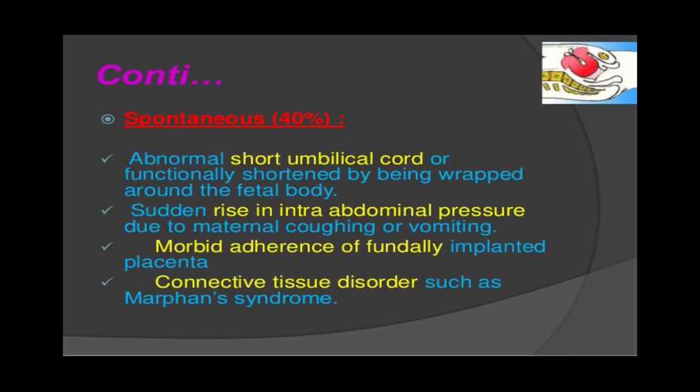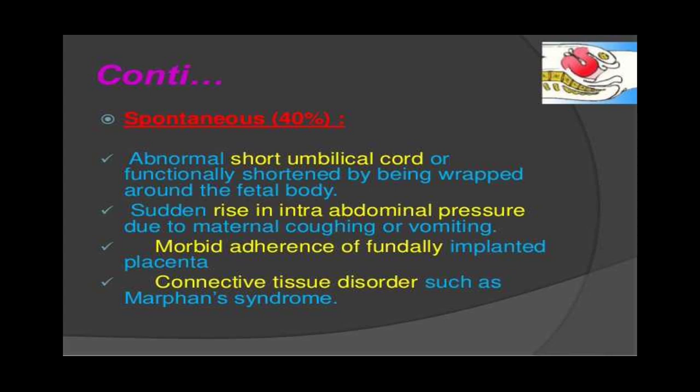These are the causes. In the spontaneous, there is an abnormal short umbilical cord or functionally shortened cord by being wrapped around the fetal body. And the second one is sudden rise in the intra-abdominal pressure due to maternal coughing or vomiting.